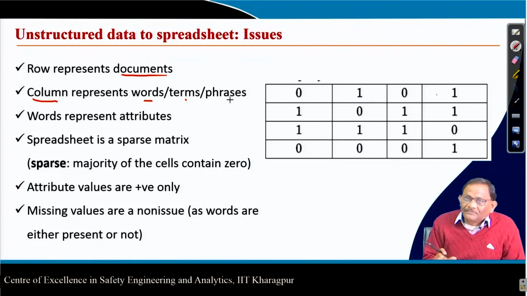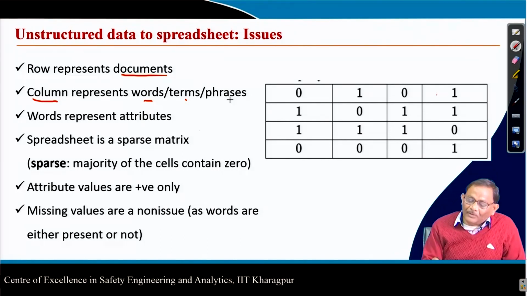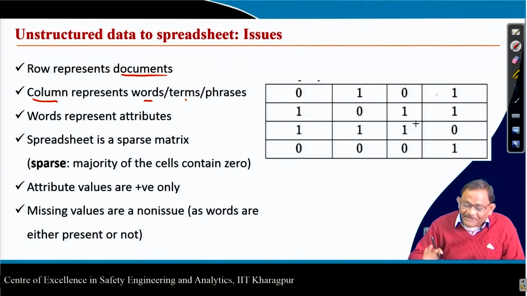Maybe sometimes 2-3 words together will create a meaningful topic, so you have to understand that. So at one end it can be a word, it can be a topic, terms, phrase, whatever you want to call it. Then the spreadsheet is generated, with words on the columns and documents on the rows, and for whether the word, term or phrase is present or not present, you will place 1 or 0, so you will get this spreadsheet.